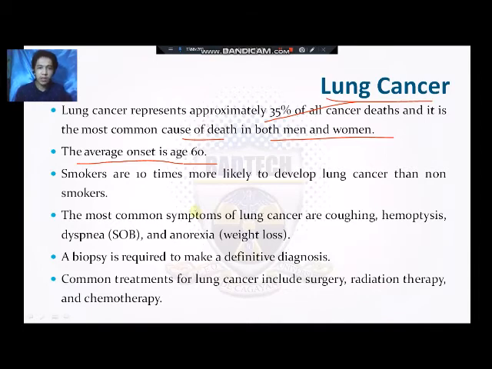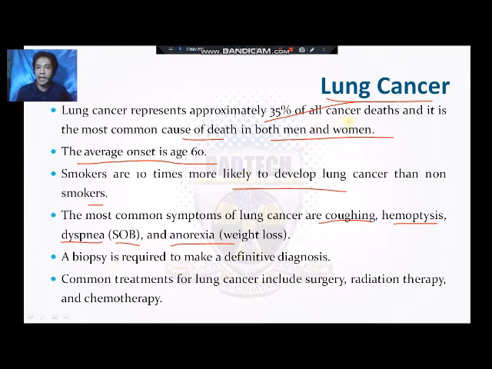And smokers are 10 times more likely to develop lung cancer than non-smokers. The most common symptoms of lung cancer are coughing, hemoptysis, dyspnea or shortness of breath, and anorexia or weight loss.